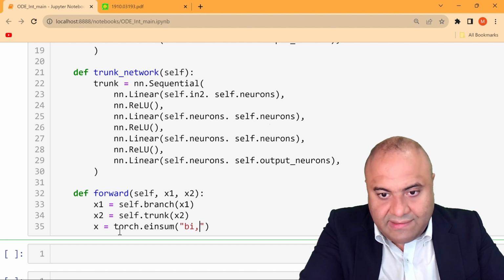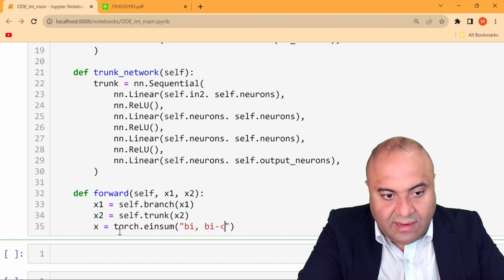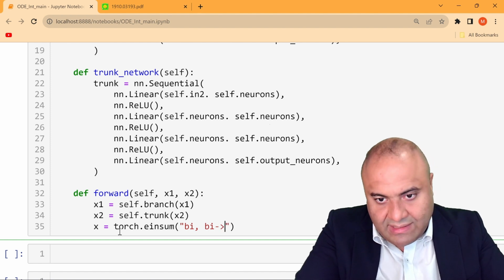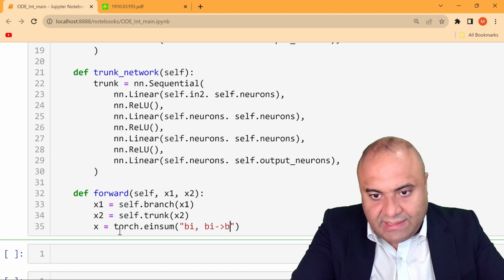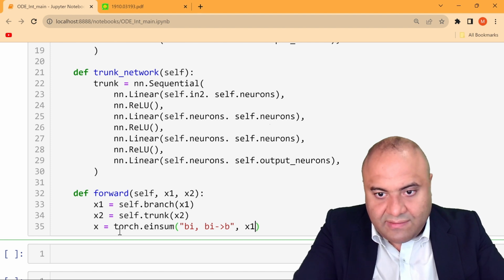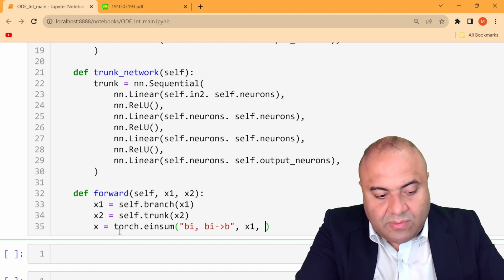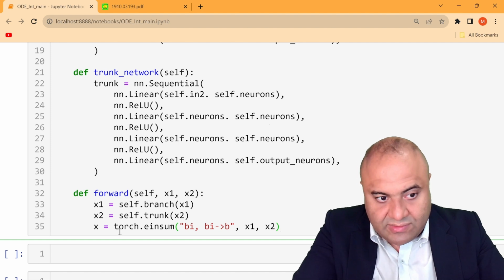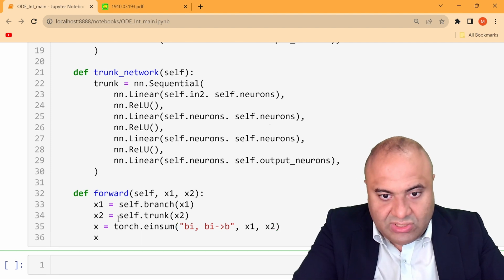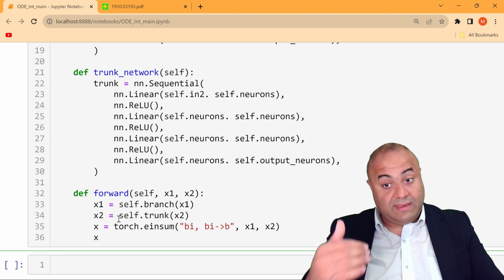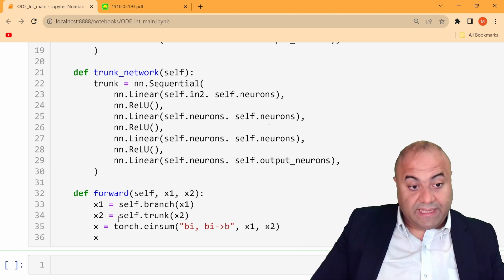I will explain it in more detail later, because this is a new concept and we need to take care a little bit. It's a multiplication between x1 and x2. But let me finish writing this network first, and then we will focus on Einstein multiplication.